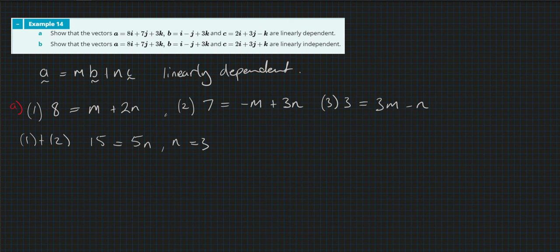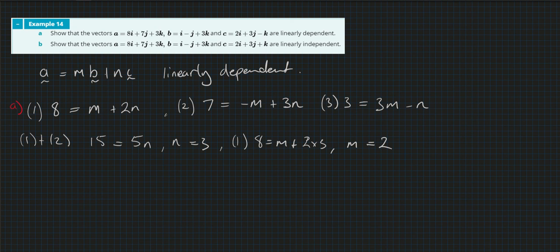Sub it back into equation 1. That means we've got 8 equal to m plus 2 times 3, that's 6, so m is equal to 2. Is that right? Yep.